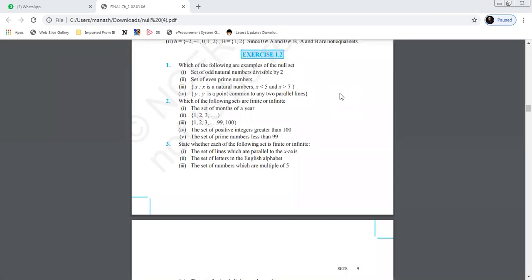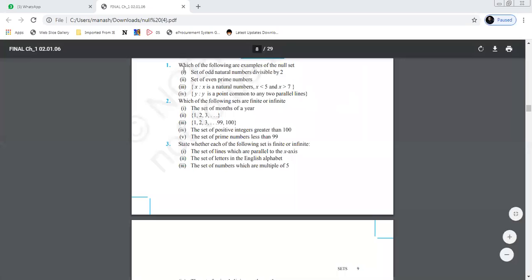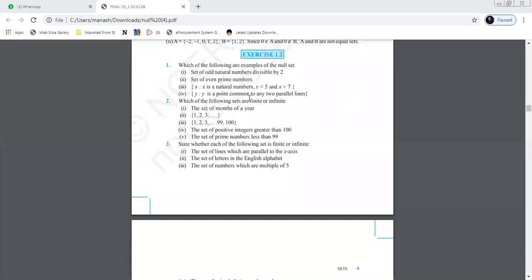So the only even prime number is 2. The question is the set of even prime numbers, so this set contains one number, which is 2. So this is not an empty set. Clear? Now see the next one.